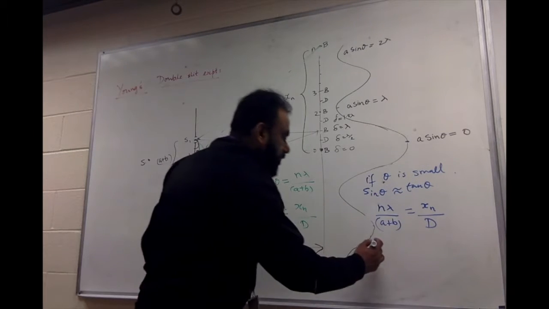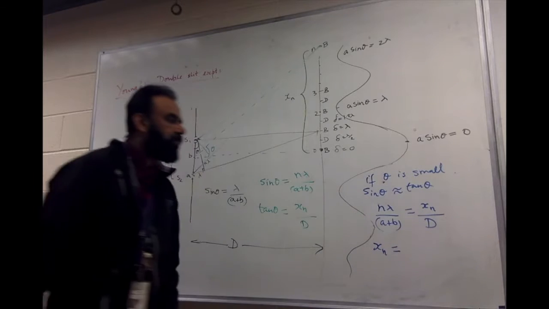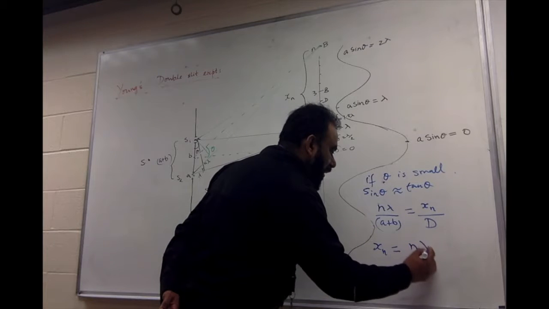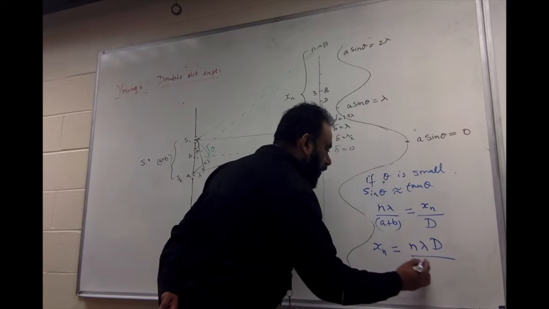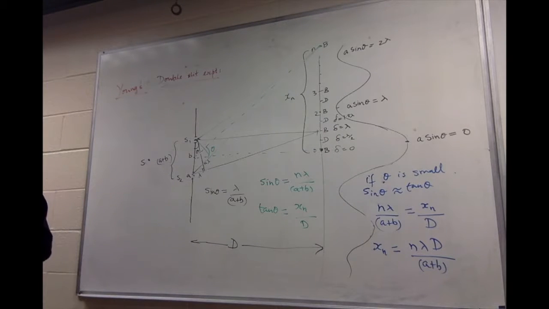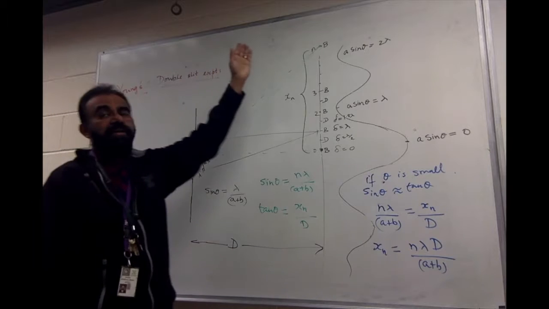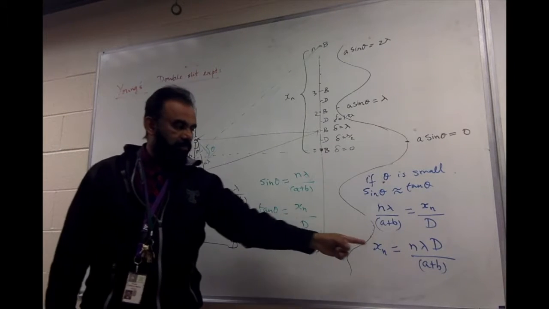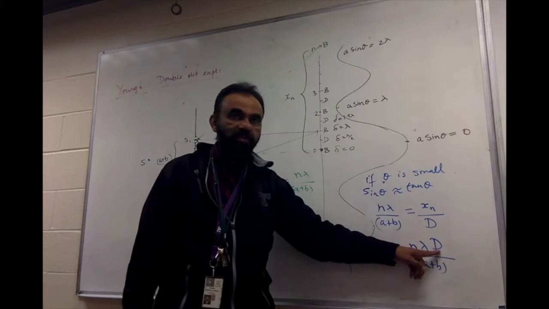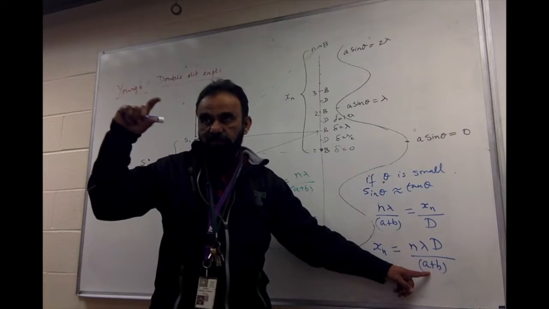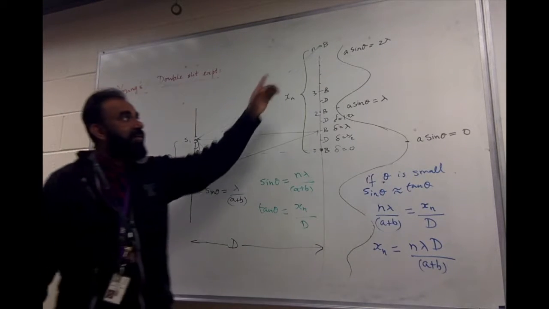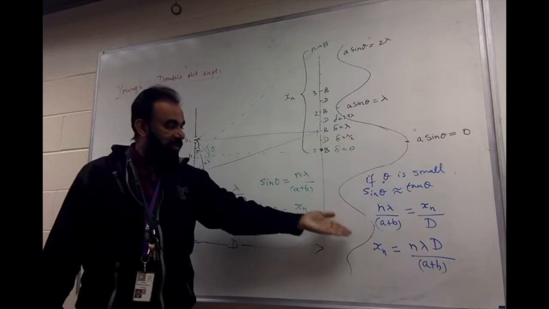So what is xn? xn is going to be n lambda d over a plus b. So how far is the 20th bright band going to appear on the screen? Just put n as 20, put the wavelength, put the distance from the screen, and the spacing between the slits, and you get it. So if you want to know how far a certain bright band appears on the screen, that's simply what you do.